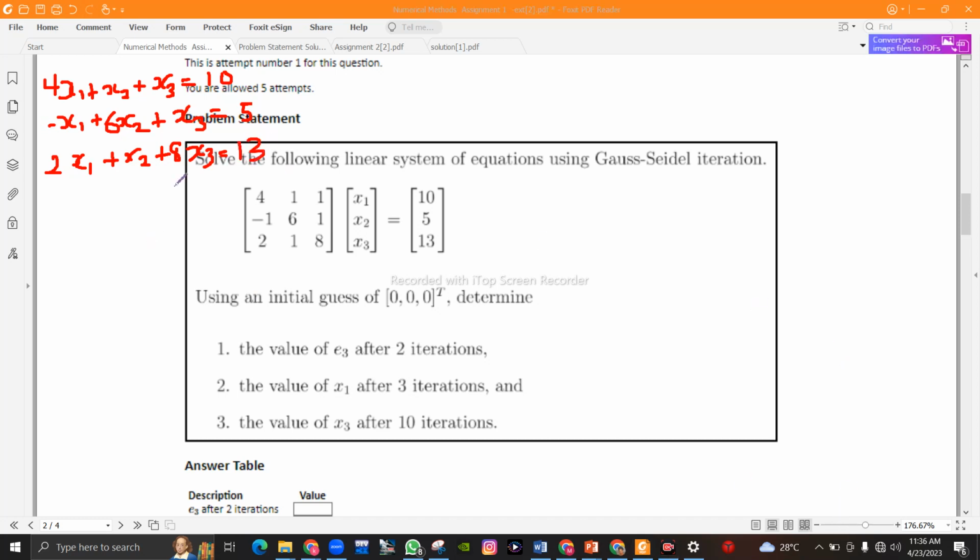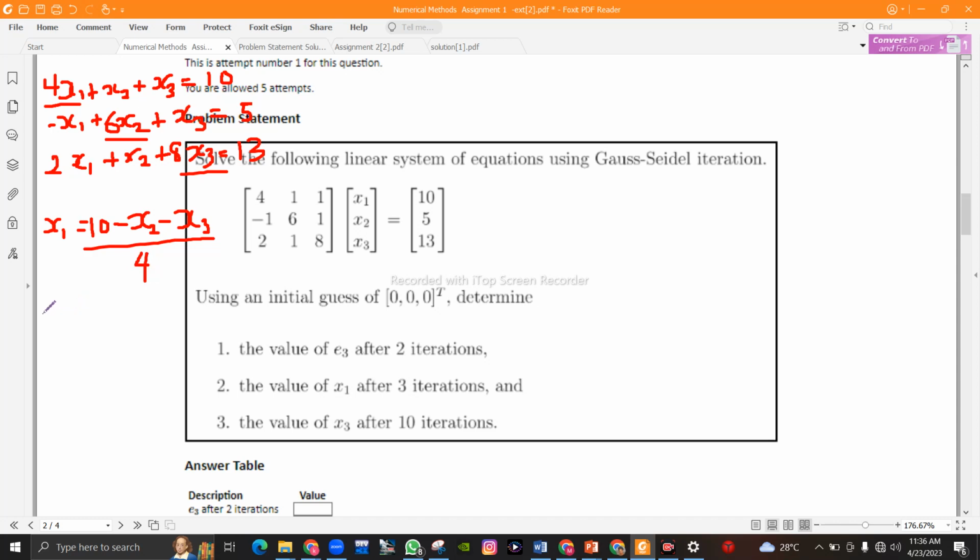Then let's write our diagonal equations. We write x1 for this, x2 for this, and x3 for this. So for our x1, we are going to have 10 minus x2 minus x3, divided by 4.